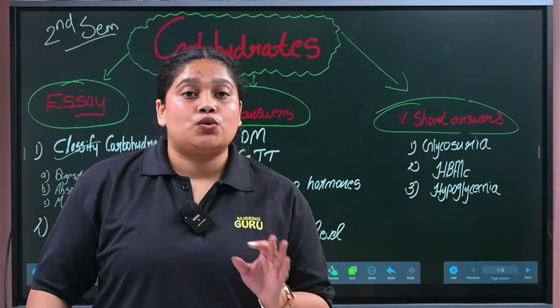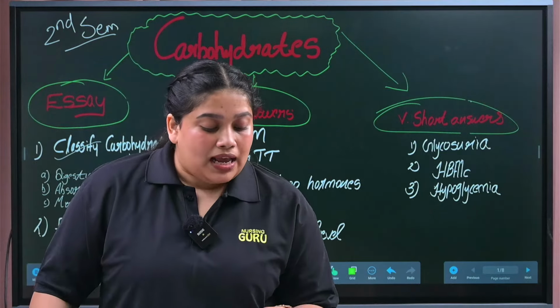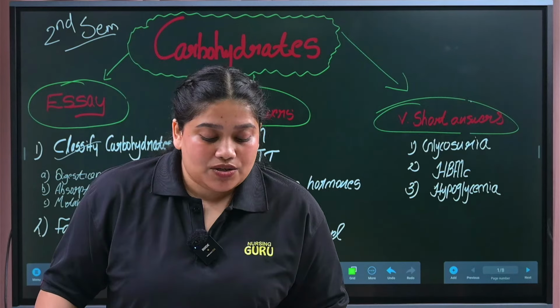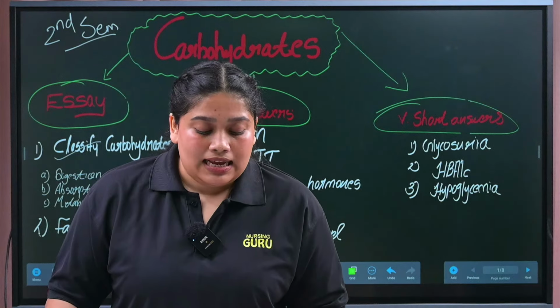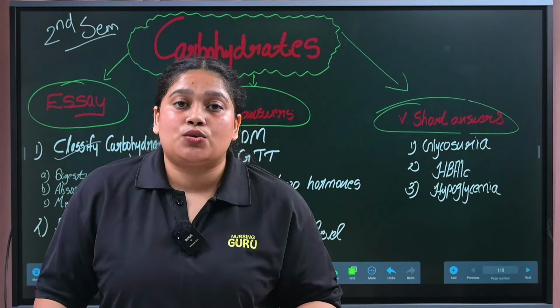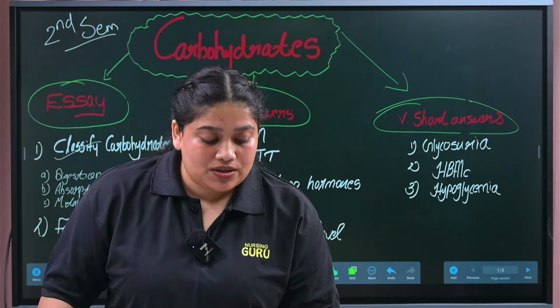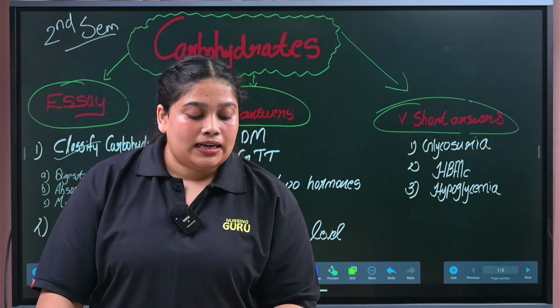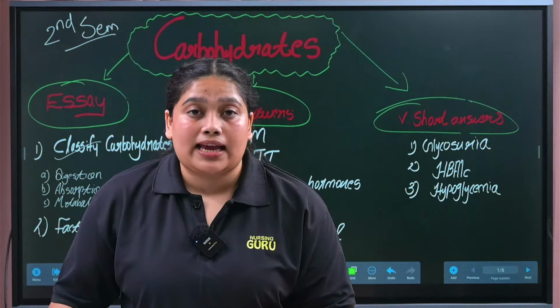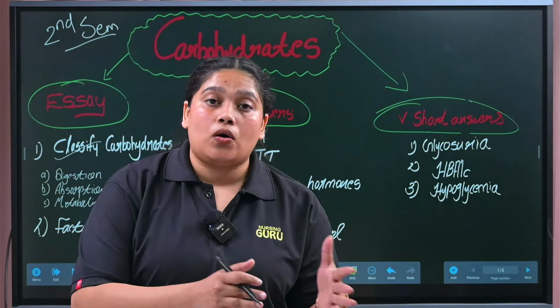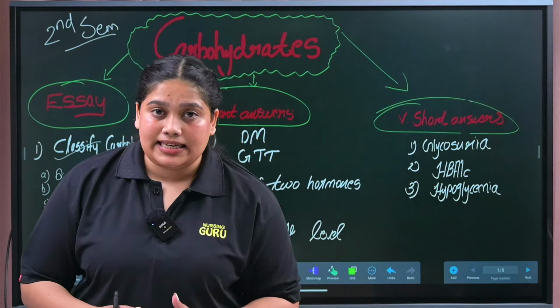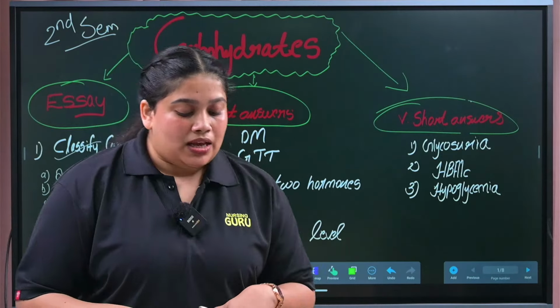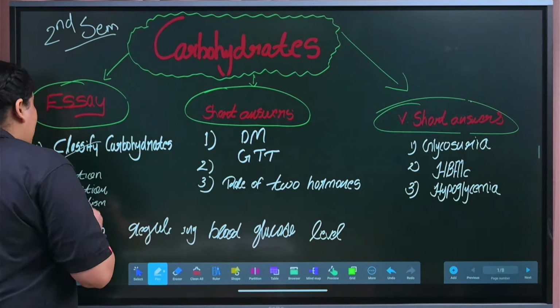Mainly there are two types of classification: first, chemical classification, and second, physiological classification. Both again have subdivisions, that is monosaccharide, oligosaccharide and polysaccharide. You have to describe all the classification in detail.